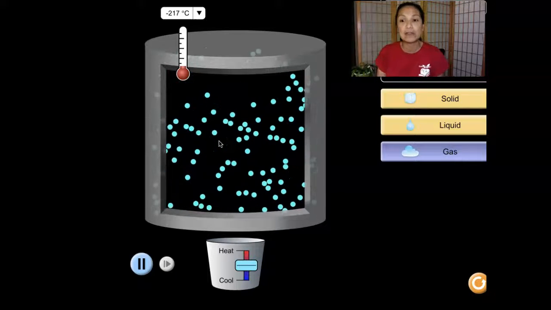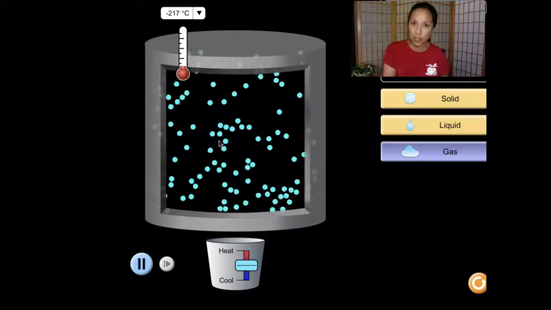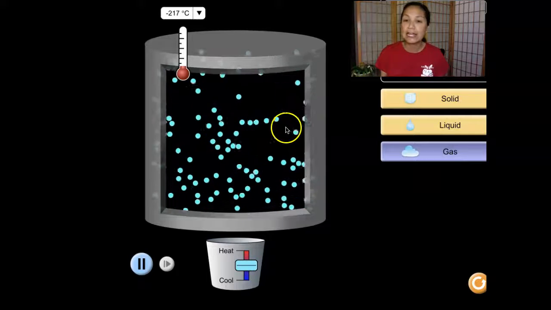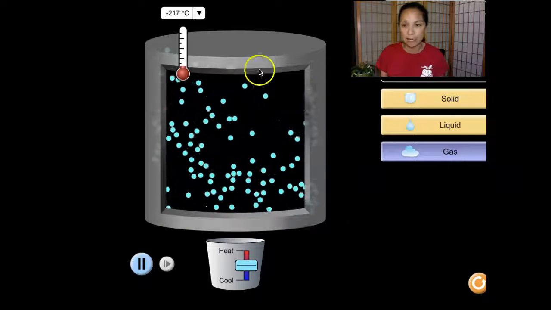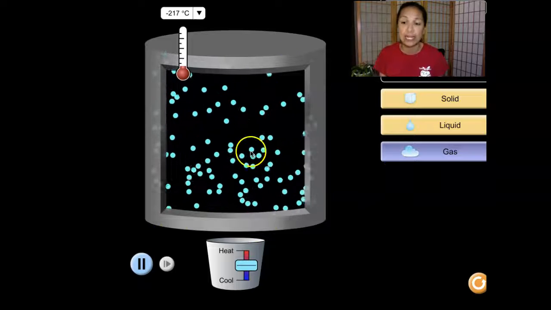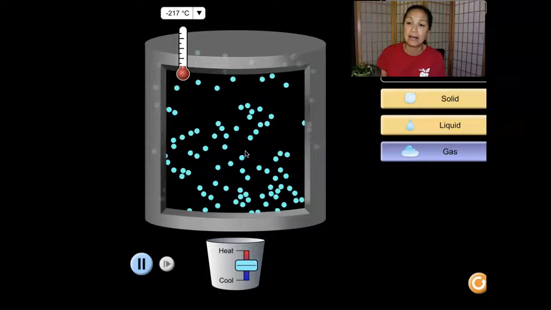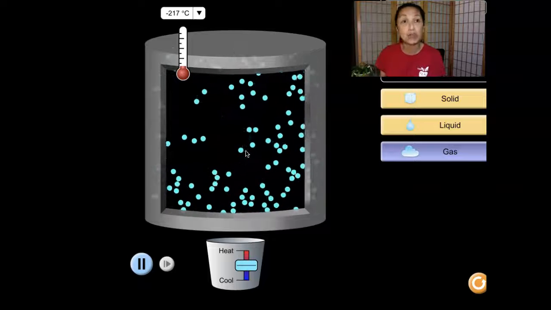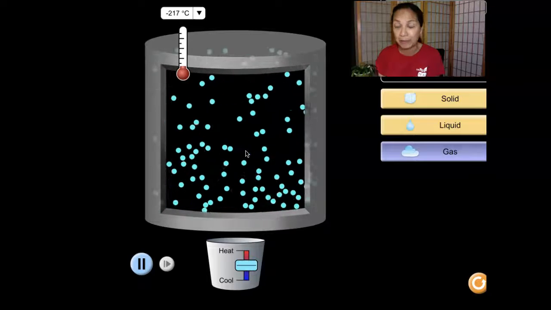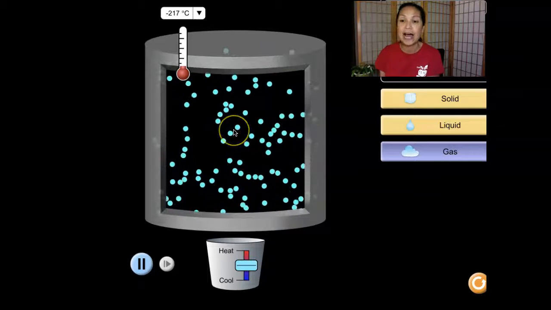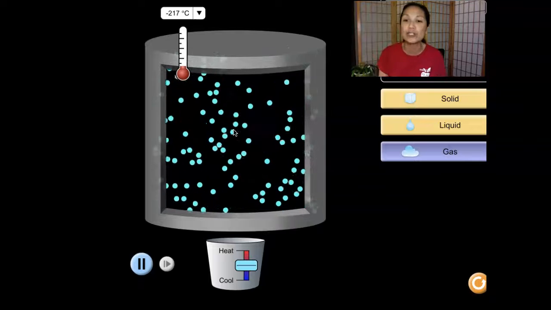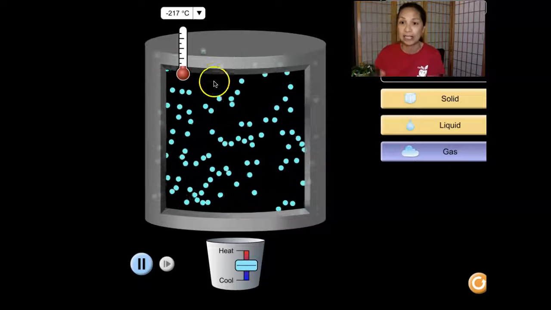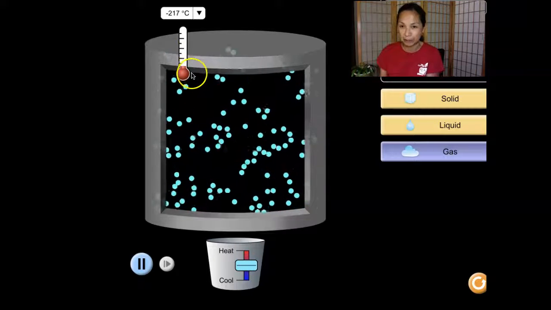It depends if they move fast or slower. If you get all of the particles of an object, that's the total kinetic energy, and that is called thermal energy. Thermal energy you can actually measure using a thermometer. The thermometer measures the average motion of all the particles of an object. That's what the thermometer is for.